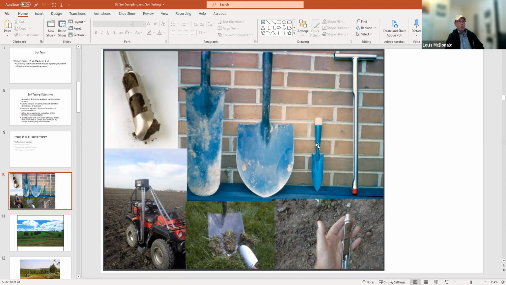If you're just a homeowner, you've got a few flower beds and a small garden, and you want to collect a sample to send in, a typical garden trowel is perfectly adequate. They do tend to be very straight backed, and so you can collect a decent, uniform, straight up and down kind of sample.